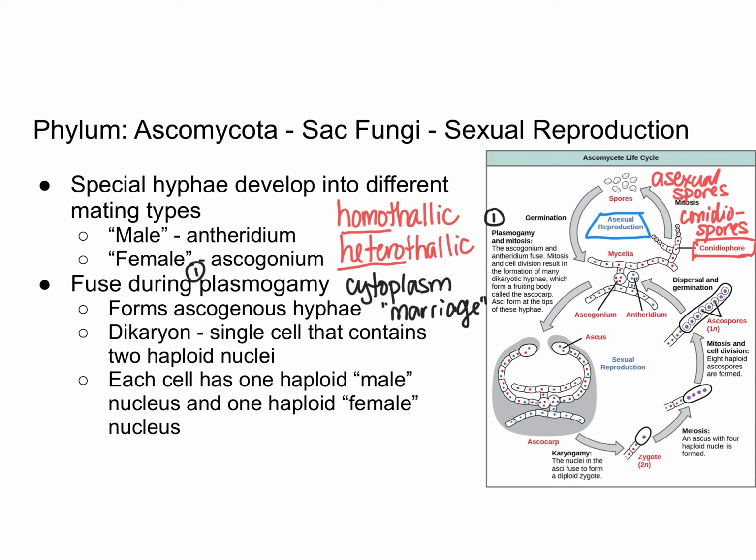So during plasmogamy, we're going to have a cell from the antheridium fuse with a cell from the ascogonium. We'll say the cell with the red nucleus is from the antheridium, and the cell with the blue nucleus is from the ascogonium.